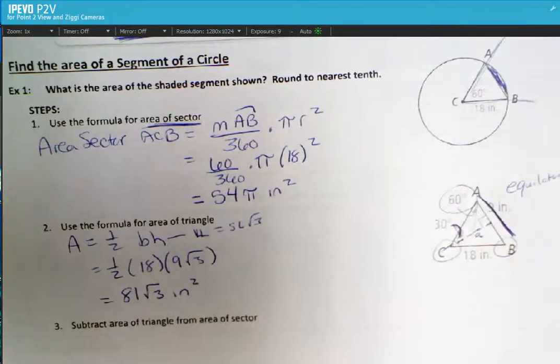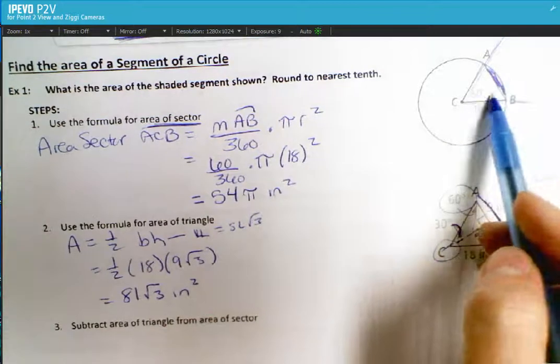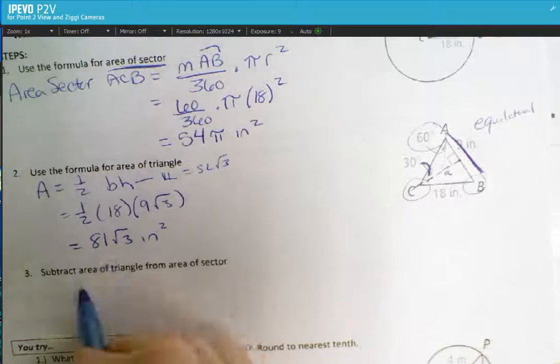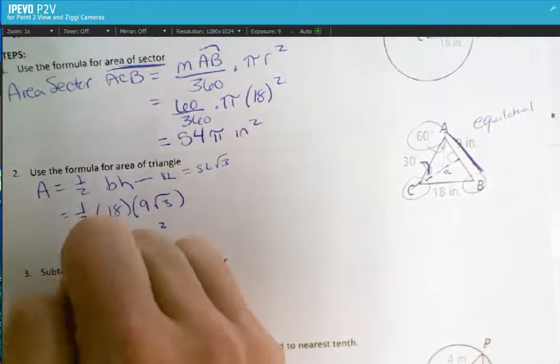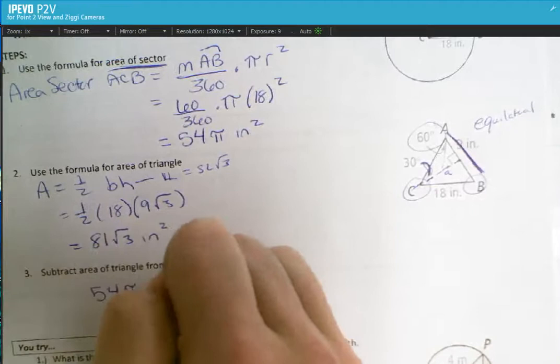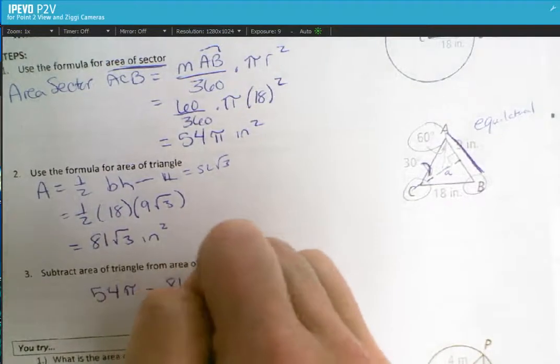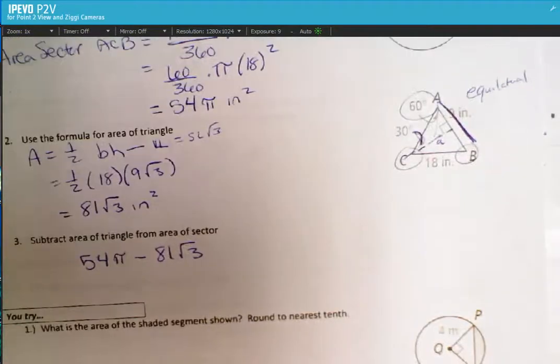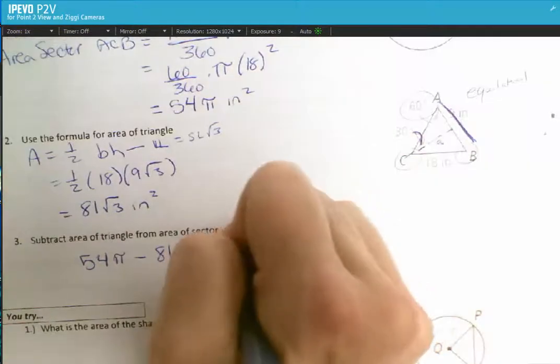Now that I know the entire wedge, I can take away the triangle and I end up with my segment area. So I'm going to take 54 pi minus 81 rad 3. That would be an exact answer.